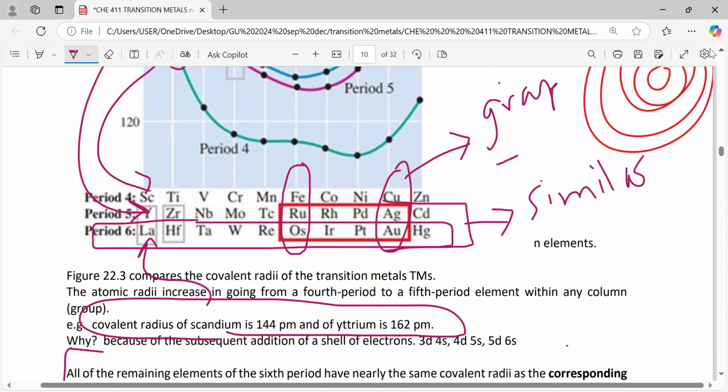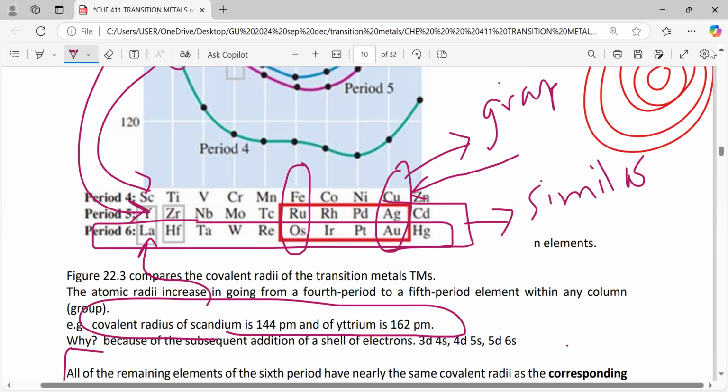But copper, which is in period 4, its chemistry is not similar. Why? The radius. The radius of silver and gold is the same or similar, very close, and therefore their chemistries are so close. Whereas copper is a bit different. It's not so similar to silver and gold.